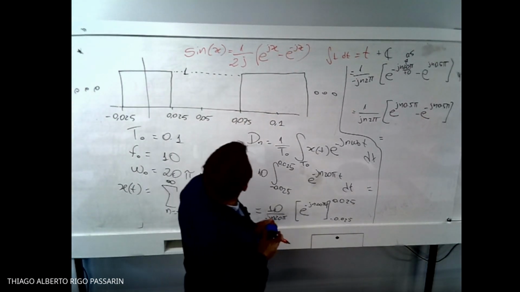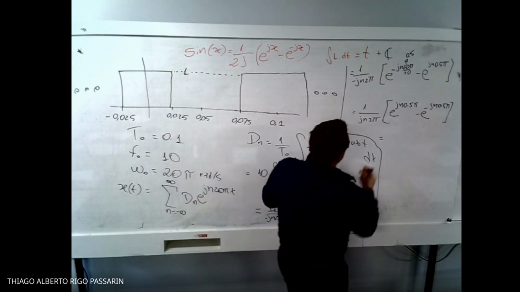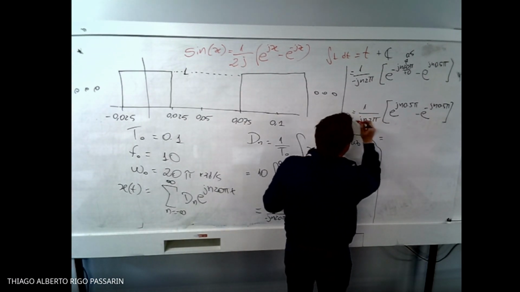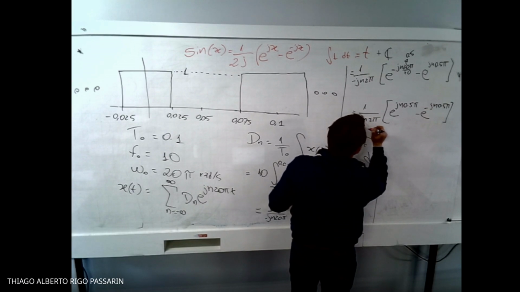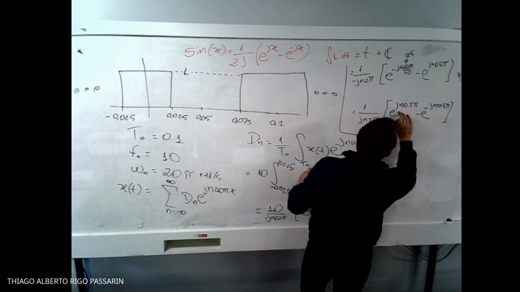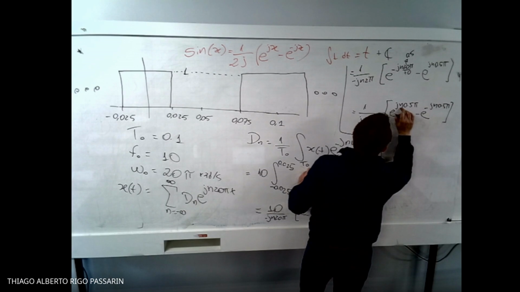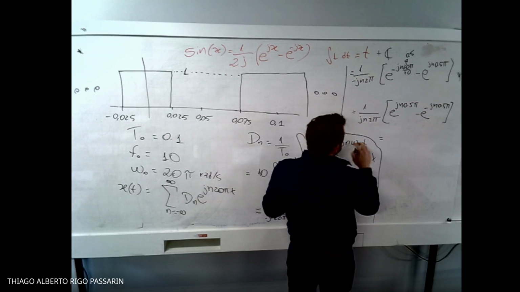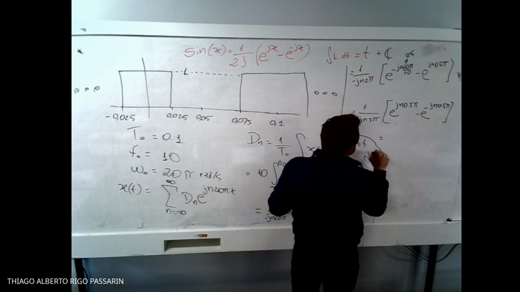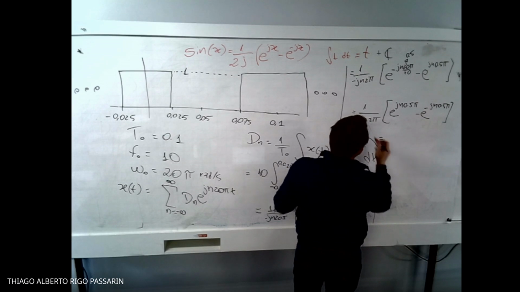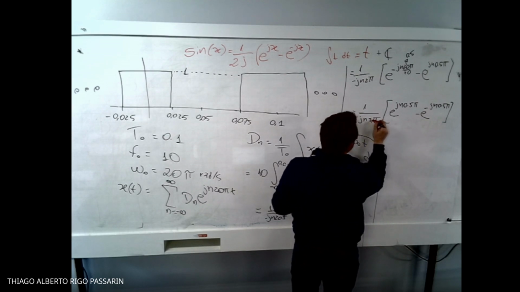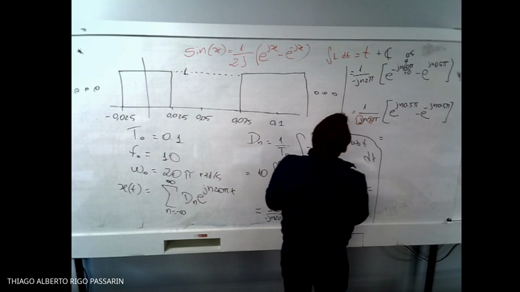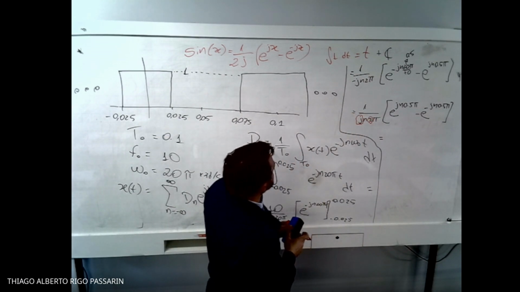So this is 2j, and my x here is n 0.5 pi. So the 2j is here.